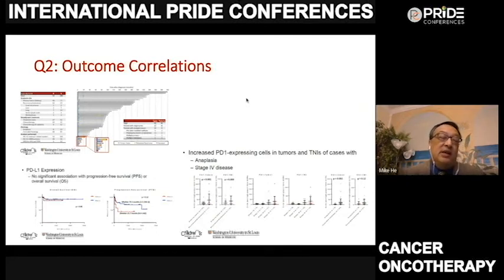While you can see a separation of the survival by PD-L1 positive versus negative, statistically we did not reach significance. On the right, you can see the PD1 correlation with certain features, including anaplasia and high-stage disease. Next slide, please.